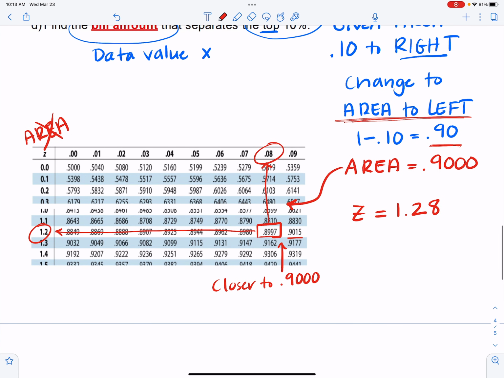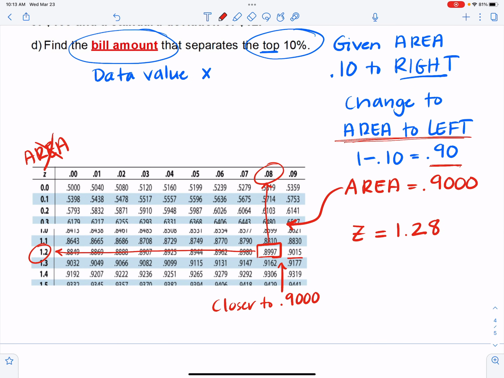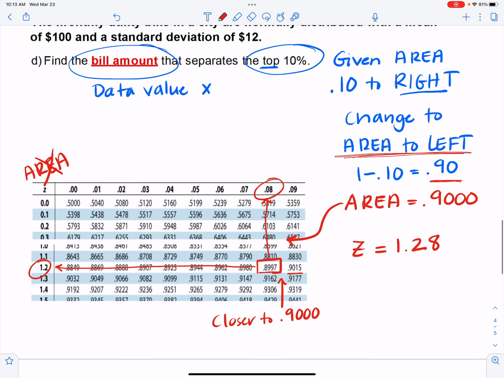Yes, this is the z-score with 90% to its left, but that's the same thing as the z-score with 10% to its right, which is what we were asked to find. It's just that if we're going to look up an area in our table, it has to be an area to the left. Now again, at this point, I have found z. So if the question asked me what's the z-score for the top 10%, my answer would be 1.28.